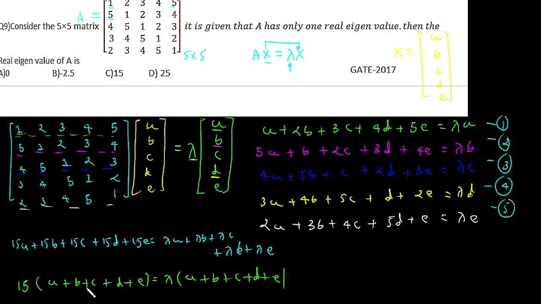Now we can compare the left hand side and right hand side, and we can easily say that lambda corresponds to this 15, and lambda is nothing but the eigenvalue of this matrix. So we have found the real eigenvalue, which is 15 for this 5 cross 5 matrix. So the correct real eigenvalue for this 5 cross 5 matrix is plus 15. So option C is the correct one.